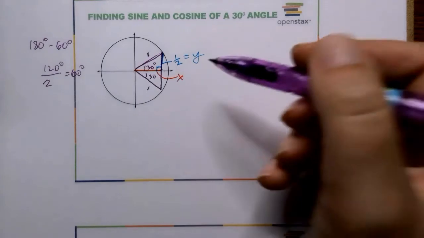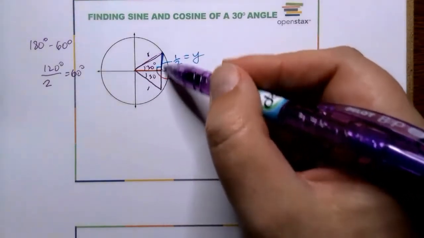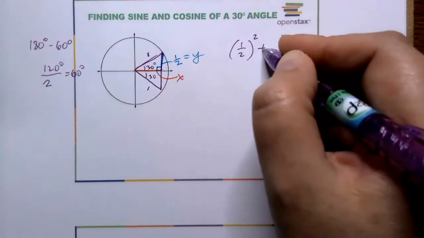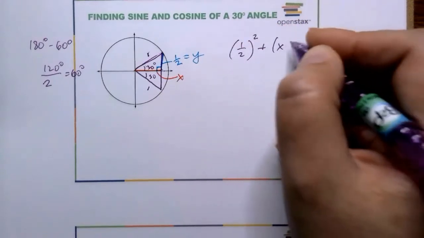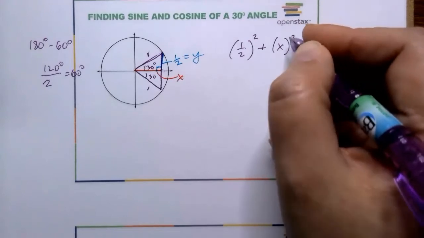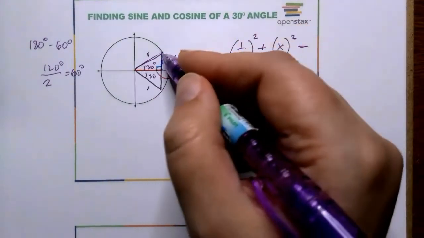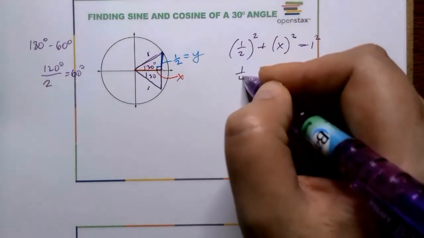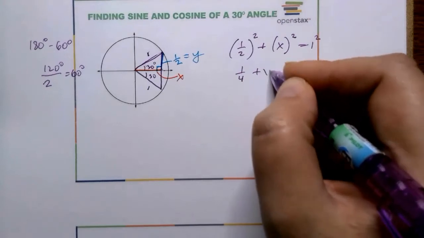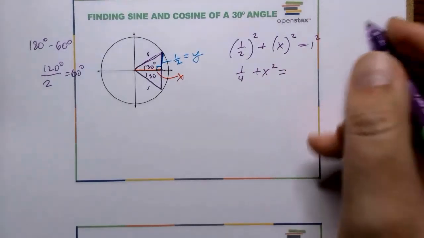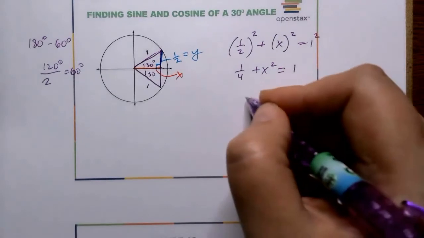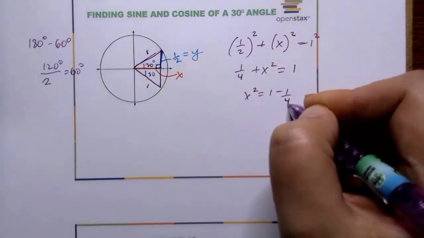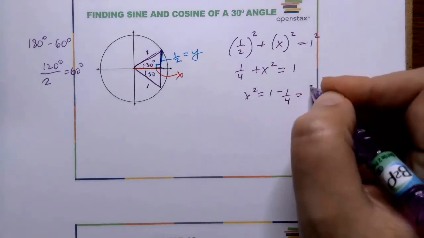So by looking at this triangle, I have one leg squared plus my unknown squared equals the hypotenuse squared, 1 squared. So I'm going to have 1/4 plus x squared equals 1. So x squared equals 1 minus 1/4, which will give me 3/4.